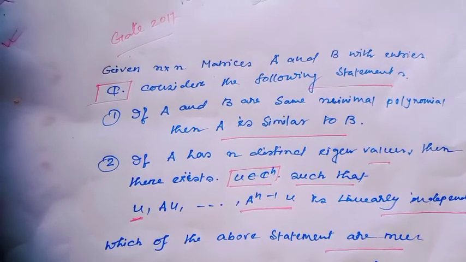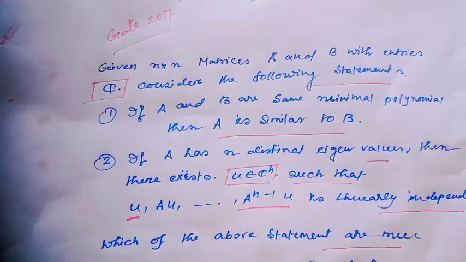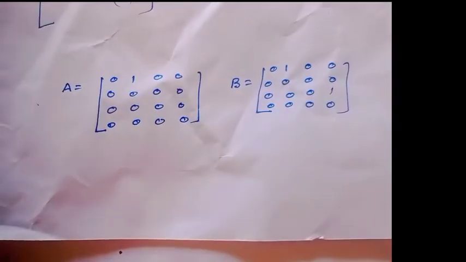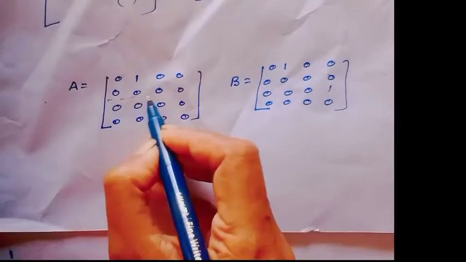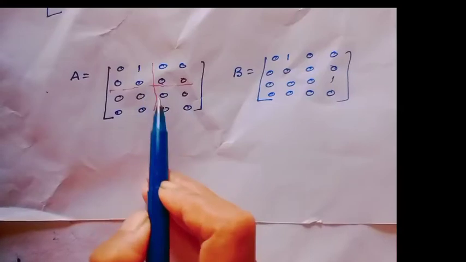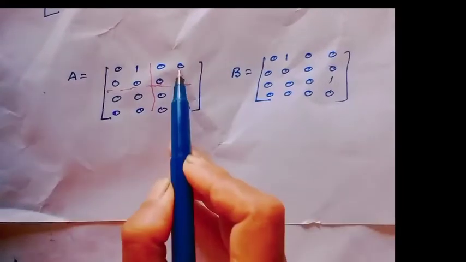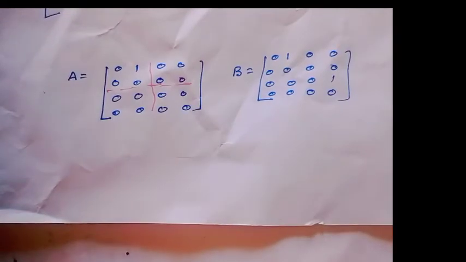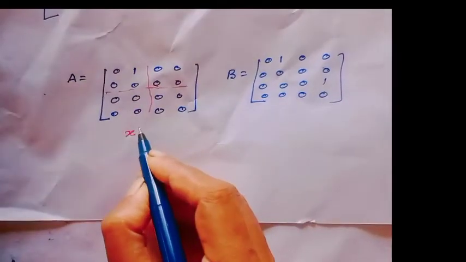This is not true, because, for example, consider these two matrices and partition them. Have you understood this partition? This is one matrix, this is a null matrix, this is a null matrix, and this is also a null matrix. Here the minimal polynomial is x square.